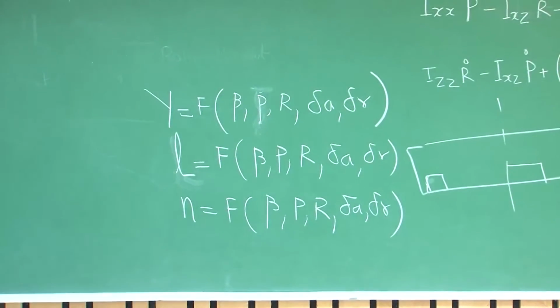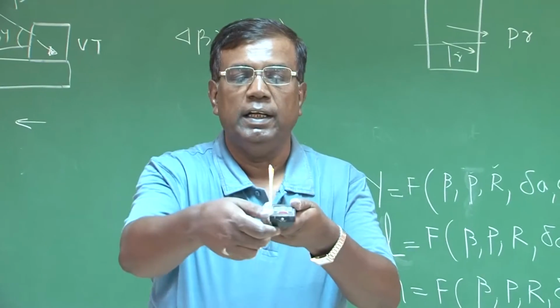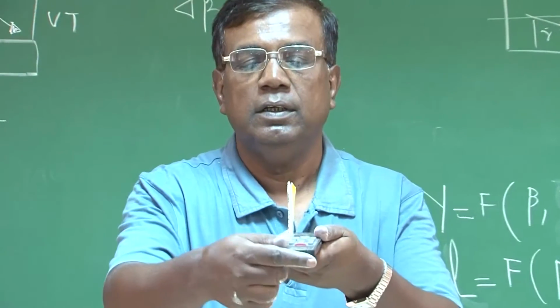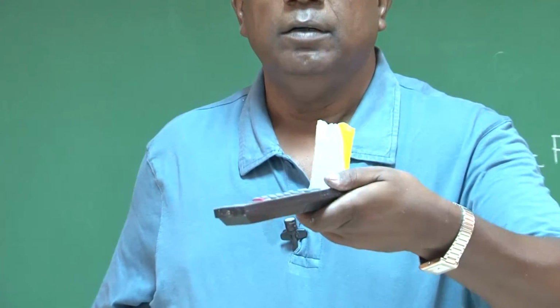What about r? If I see like this, r is yaw rate, that is I have to rotate about z axis. I rotate like this, positive r.